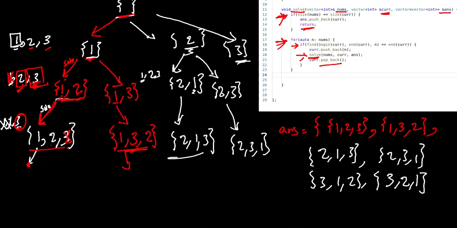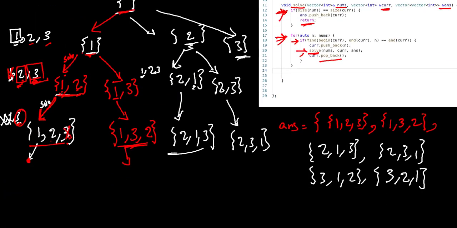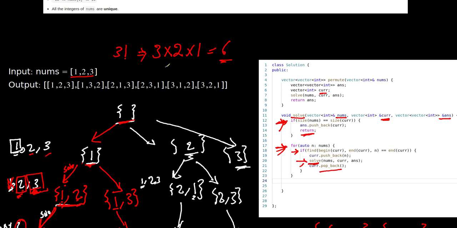So what is the time complexity for this? It is the number of permutations, and for each permutation we need to push to the answer the whole vector when it's ready.